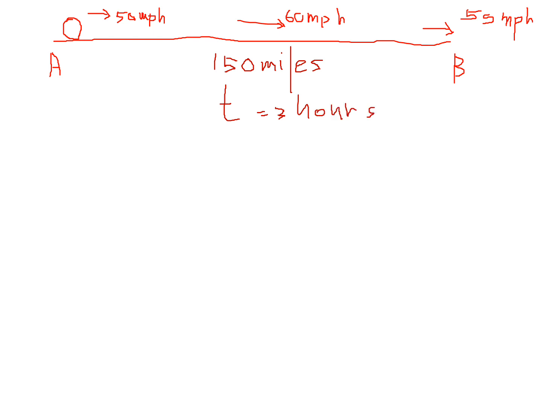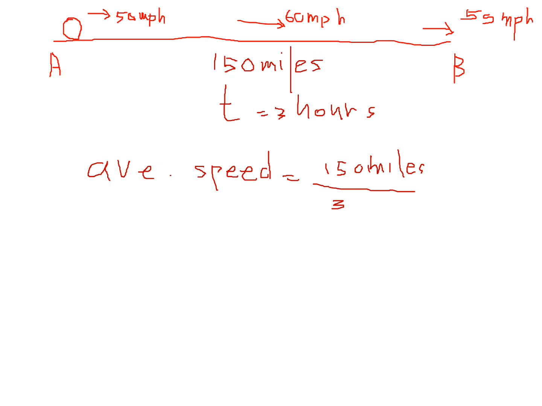So if you use the previous equation to calculate the average speed, you come up with 150 miles divided by the time, 3 hours.